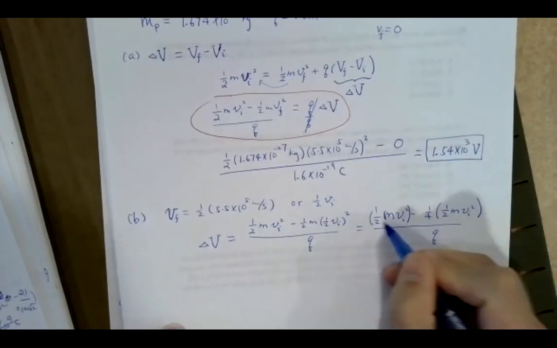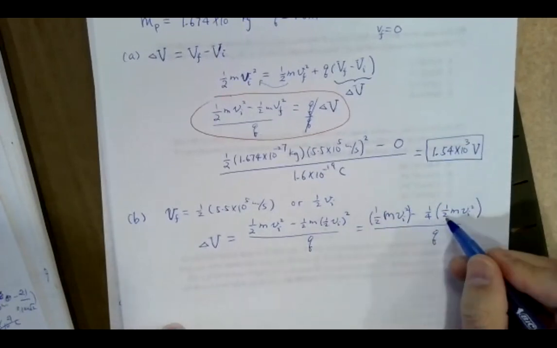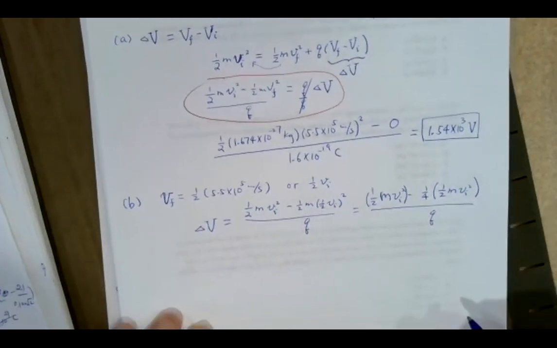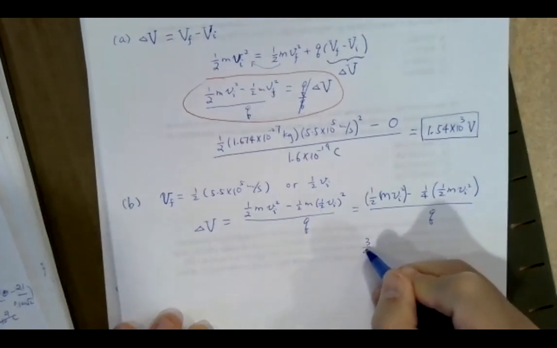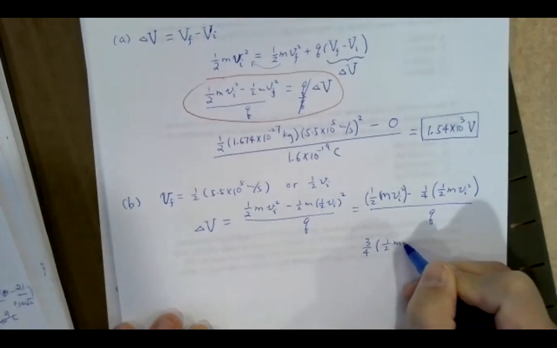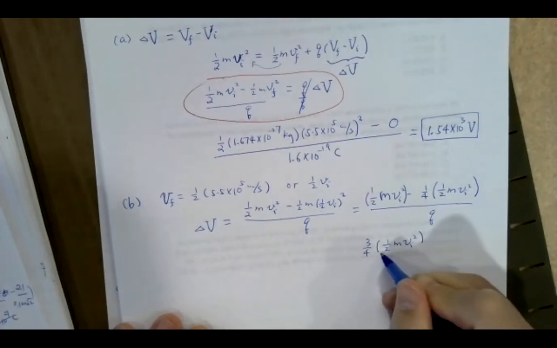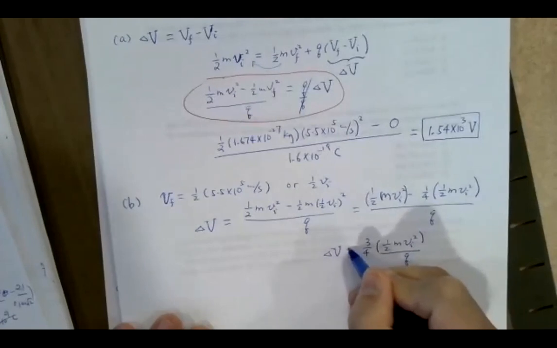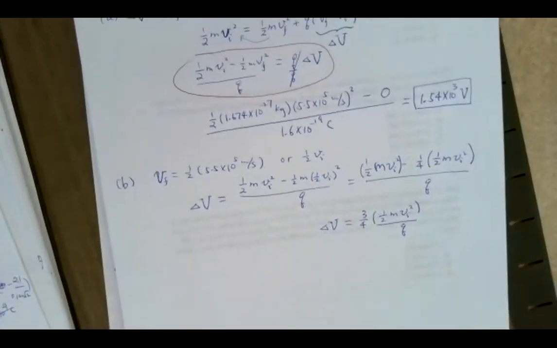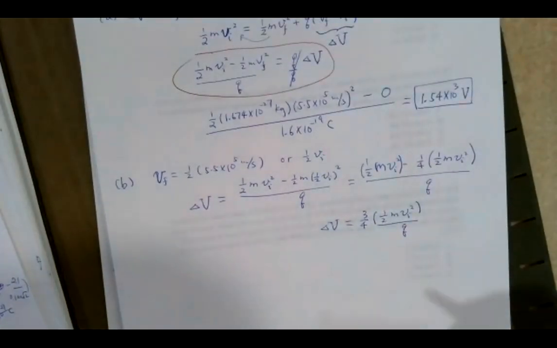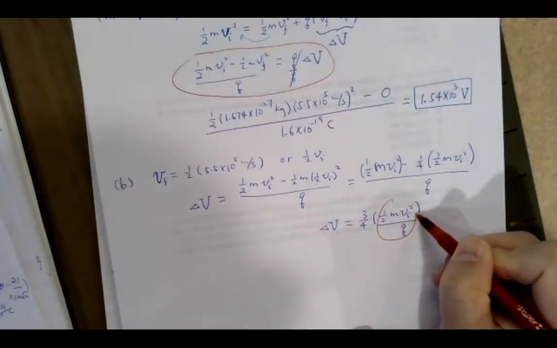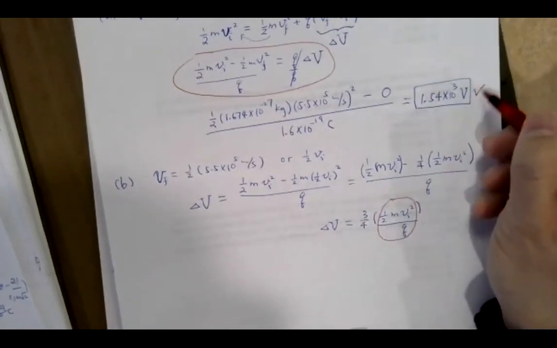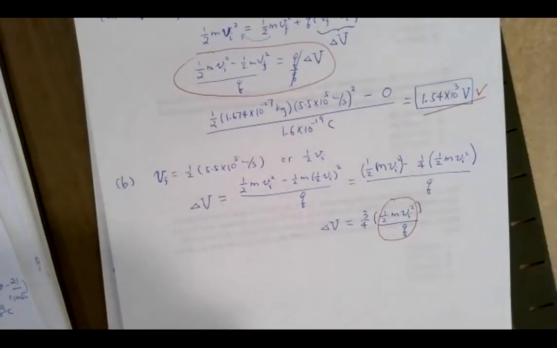So this is 1/2 M V i squared, and this is 1/4 of 1/2 M V i squared. Then on the top, you'll get 3/4 of 1/2 M V initial squared, divided by Q. That will be your delta V. I'm doing this trick because I know that this term, 1/2 M V i squared over Q, is equal to this, which we calculated already.